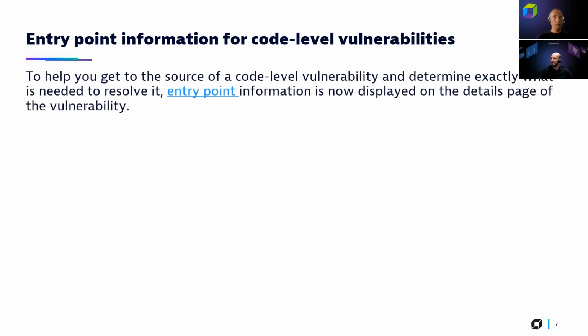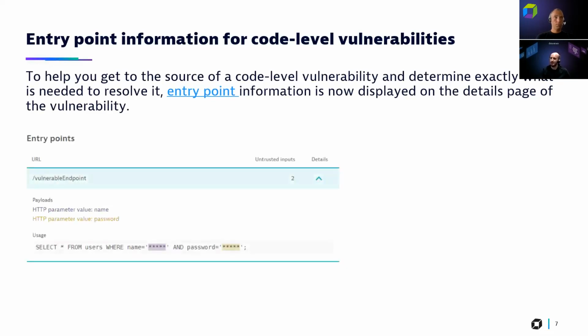We can see the entry point information in the code where an attacker can enter the system and exploit a vulnerability in your data. To help you determine how to resolve it, the entry point information is now displayed on the details page of the vulnerability. Here you can see a small screenshot on this page.